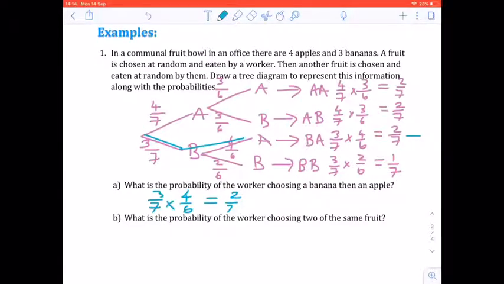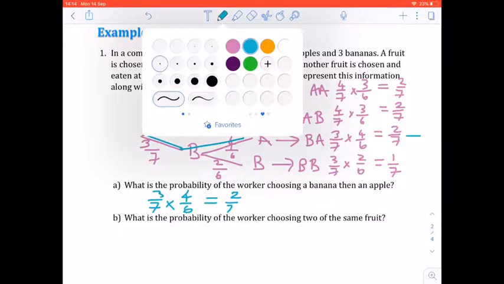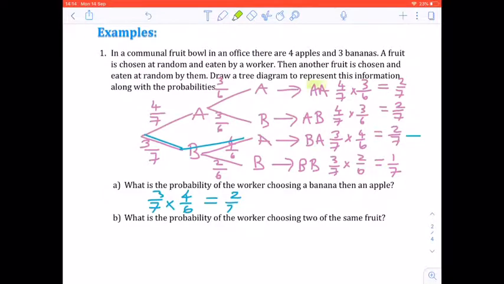Next is, what is the probability of the worker choosing 2 of the same fruit? So there's 2 different options here, right? If he chooses apple and apple, he's getting the same fruit. And if he chooses banana, banana, he's getting the same fruit. So now we are working with 2 branches.